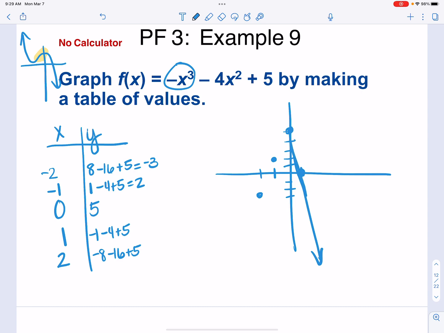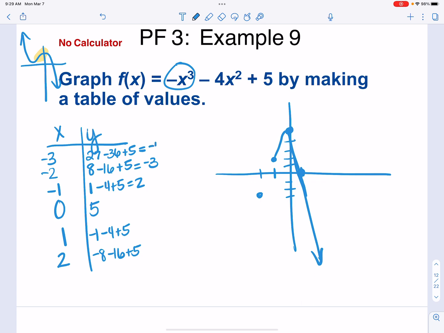So it's kind of going up here and it's going down. -3, that would be a -27, but then I'm taking the negative, so 27. 9 times 4 is 36 plus 5. 27 plus 5 is 32. No, 33, sorry. 27 minus 36. Is that a 4?